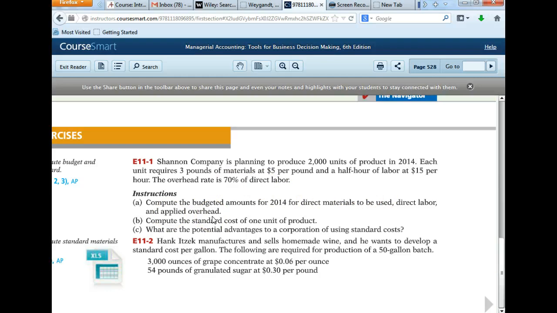Nothing to do with actual here, what we're budgeting. We're planning to produce 2,000 units of product. It requires 3 pounds of materials at $5 and a half an hour of labor at $15 and overhead of 70%.